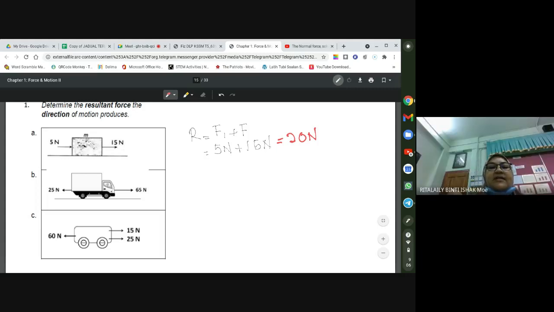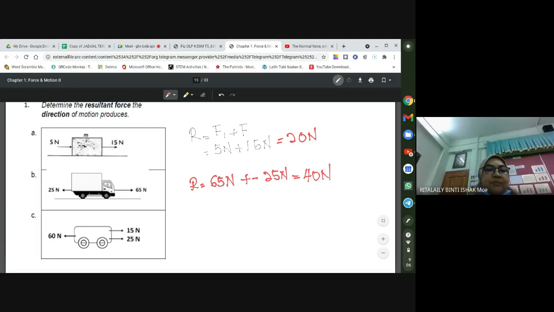Okay, because the two forces are in opposite direction, therefore the resultant force, let's take 65 Newton plus 25 Newton. We have two opposite directions, so one of the forces we must put a negative sign to show that they are in opposite direction. Okay, so we get 40 Newton.